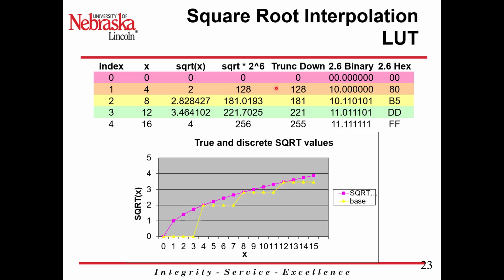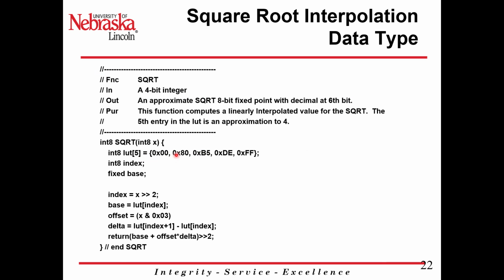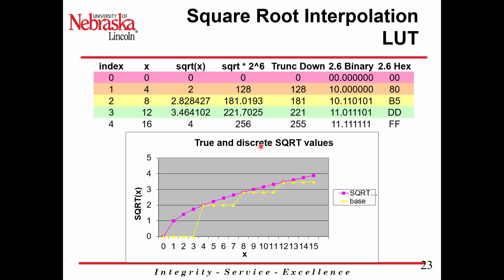Notice 1, 0, so that's 2, and then no fractional portions, and this is the hex value for it, shown in the lookup table. And then we have 2, and then the fractional portion for 828.